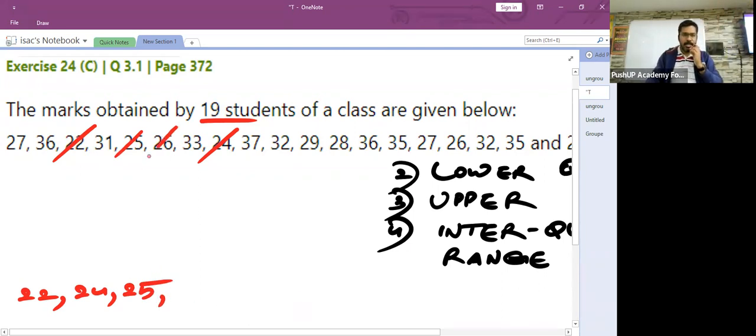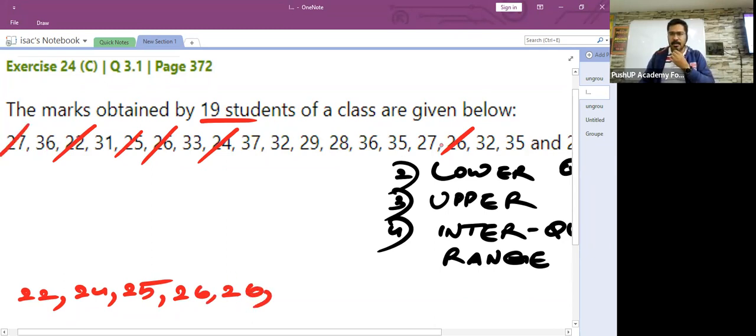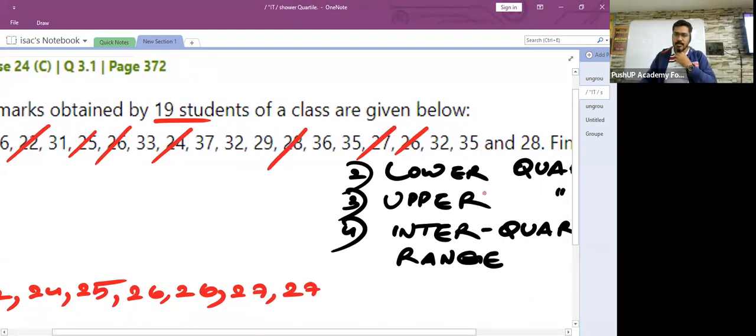After that, 26 is there, one more is there. So 26, comma 26. Then comes 27. 27 is also coming twice. 27, comma 27. Then comes 28. 28 is also coming two times. So 28, comma 28.